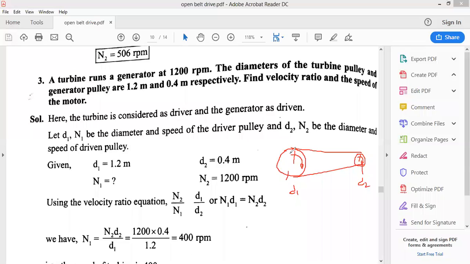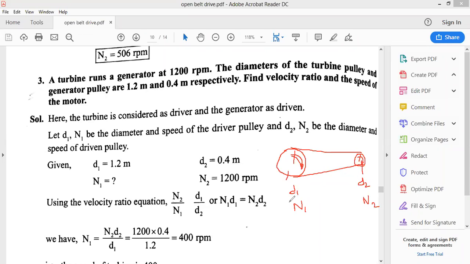Now how many rotations is this bigger pulley going to make? One rotation for our example, denoted by N1 at the driving end, and the number of rotations that the other pulley, the driven pulley, is going to make is denoted by N2.